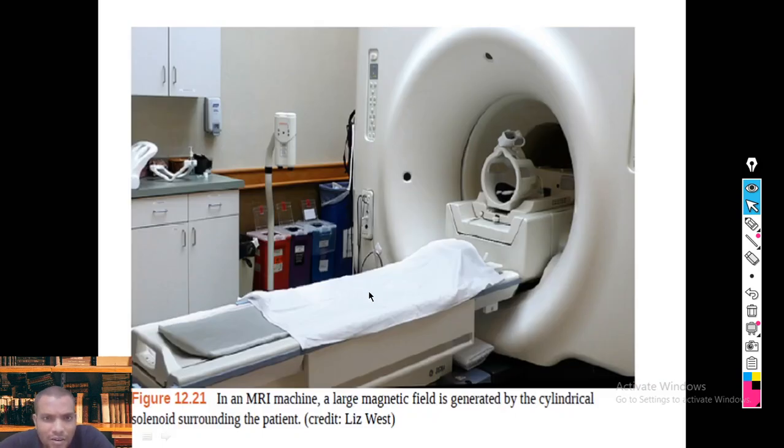This is one of the things needed in MRI scanning.